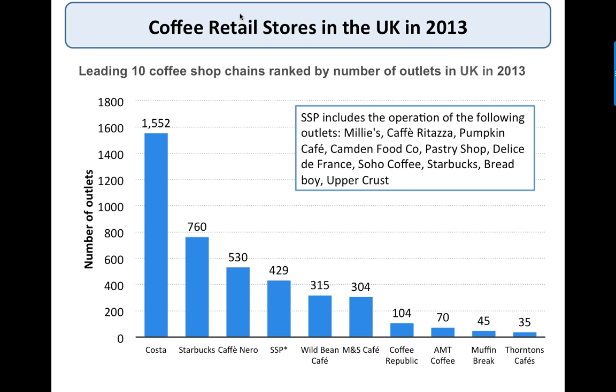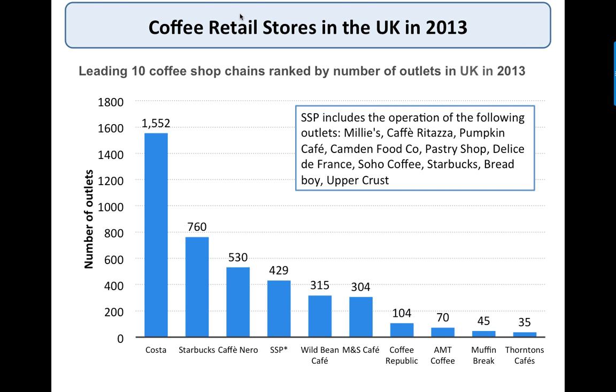Again, another industry here, the retail market for coffee. Growth can be seen in terms of users, sales. In this example, we look at growth in terms of outlets. And Costa is far and away Britain's biggest coffee retailer in terms of outlets. Twice the size of Starbucks, and 3 times Cafe Nero.